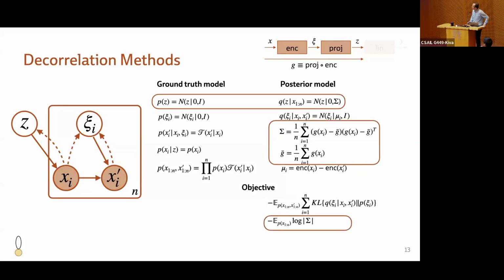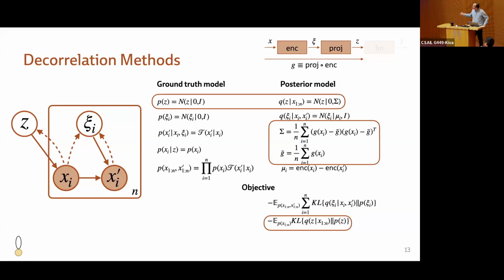Now, if we look at the other loss function, we see that the two distributions share the same family, and the only thing that changes is the covariance matrix. By forcing this distribution to be close to the prior, we force the sample covariance to be close to the identity. And so we can express this quantity in terms of the Kullback-Leibler divergence.